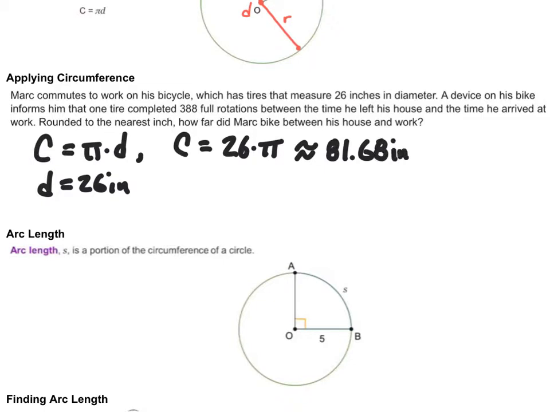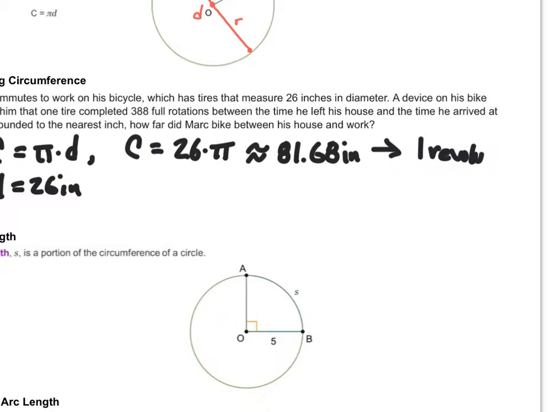And what this represents is 1 revolution around. So if your bike goes 1 revolution, then that means that you have traveled 81.68 inches, provided that your diameter is 26 inches.